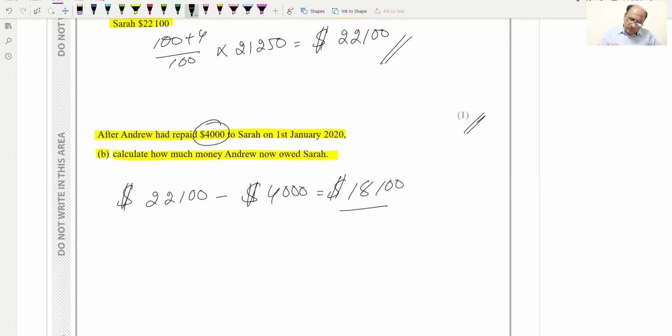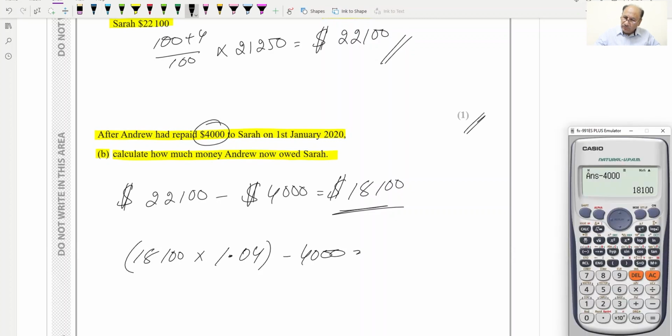So on this amount interest will be charged, which is basically 4%. So we can write 100 plus 4 over 100, or directly we can write 1.04, and from this amount 4,000 will be paid, and that will be the remaining amount.